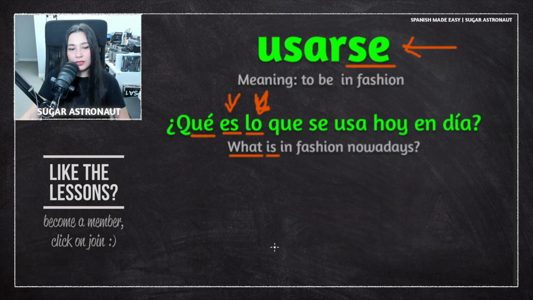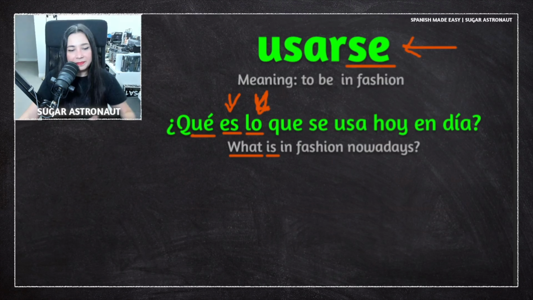You're just adding something similar to it in Spanish. So lo is a pronoun, similar to saying it. We don't have it in English in this example.